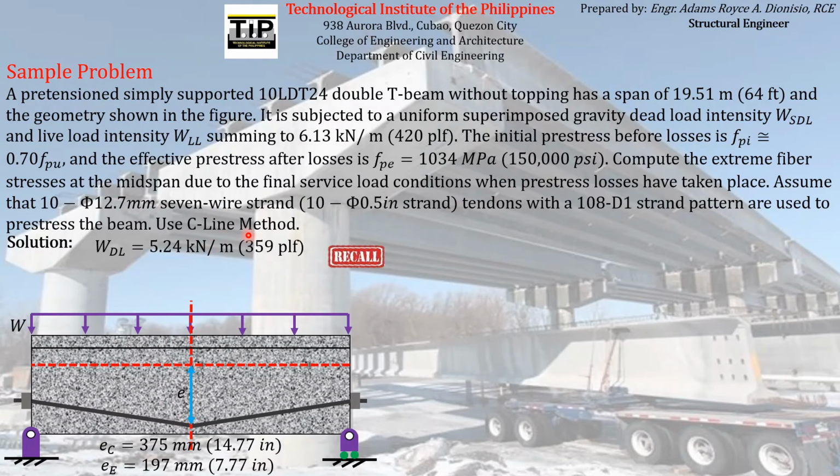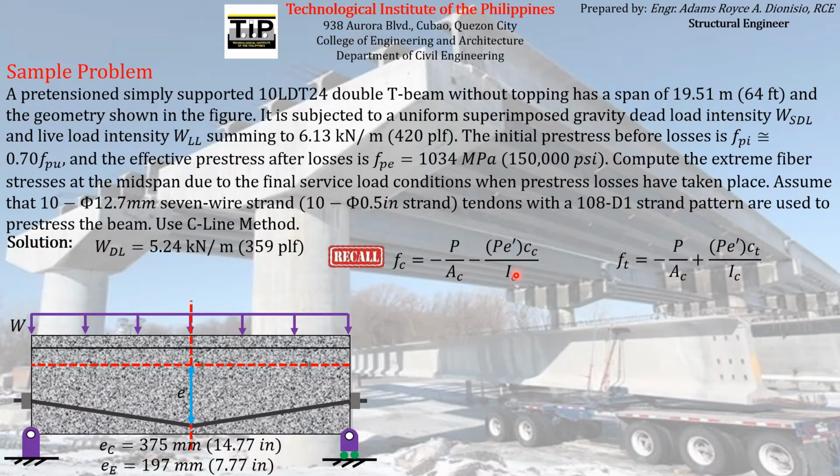As we have discussed on the previous slides, the total stress acting on the pre-compressed fibers is equal to this formula. And for the case of the pre-tensioned fibers, which is usually below the centroid or the neutral axis, with respect to a simply supported beam, the formula is this.